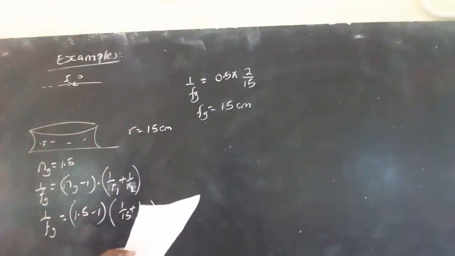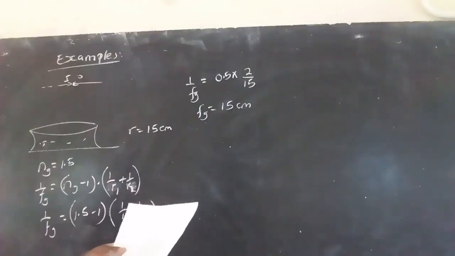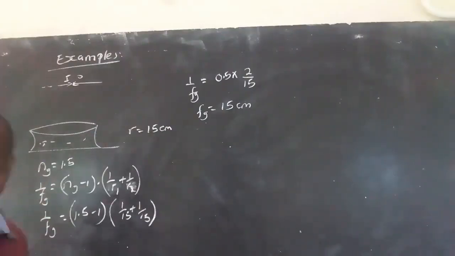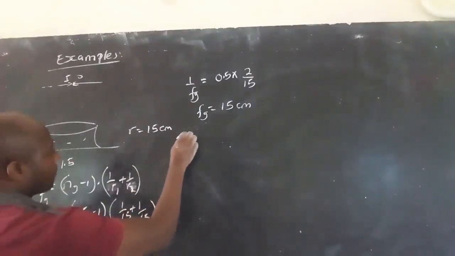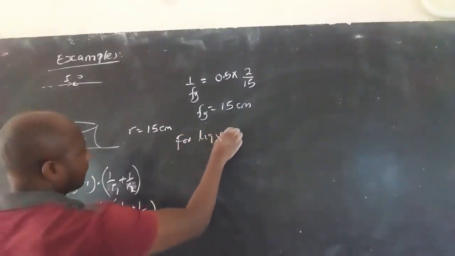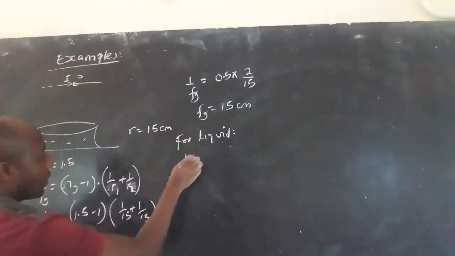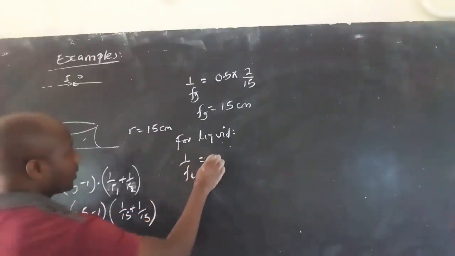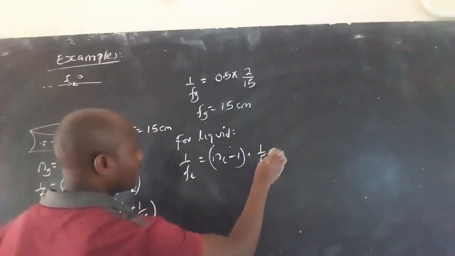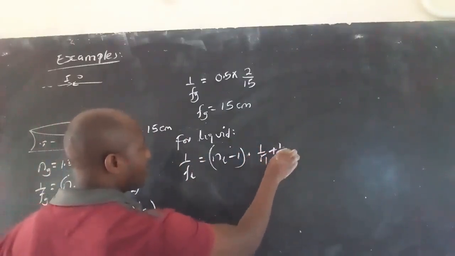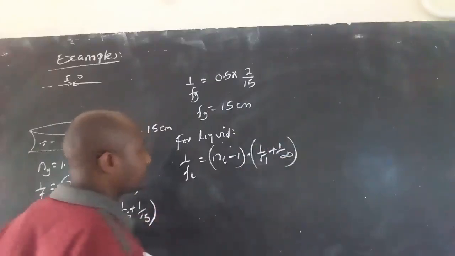So they are saying to determine the position of coincidence for the liquid. For the liquid, we shall say 1 over F of the liquid is equal to (N liquid minus 1) times (1 over R1 plus 1 over infinity).